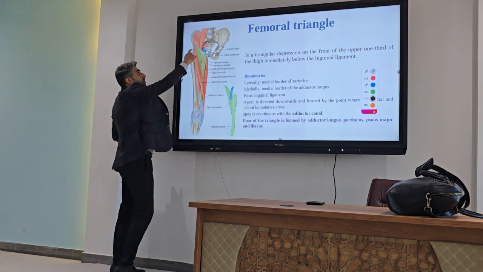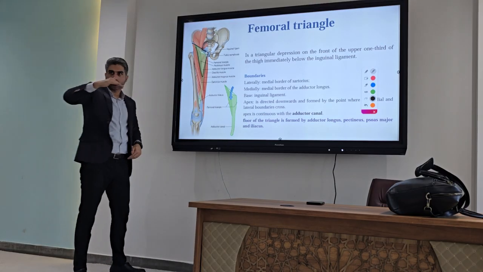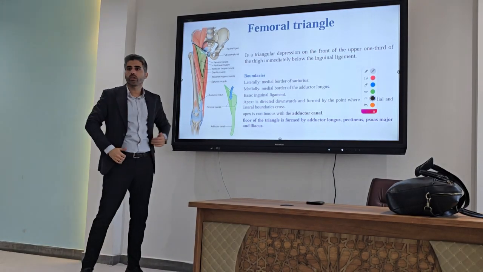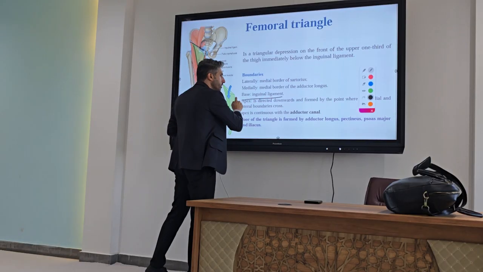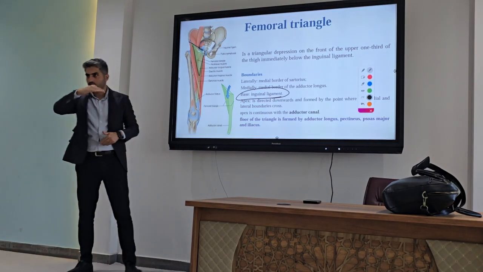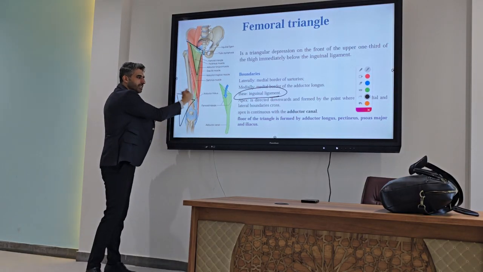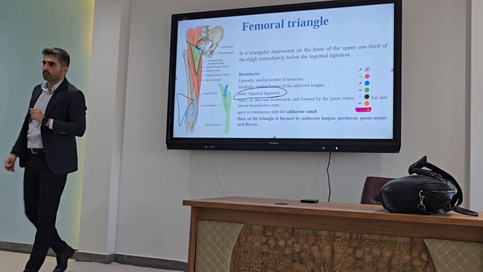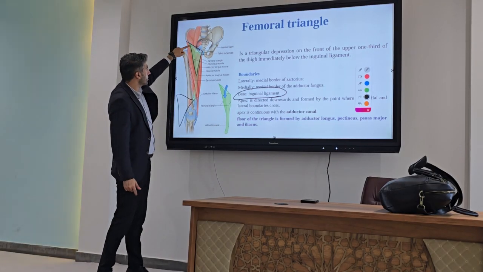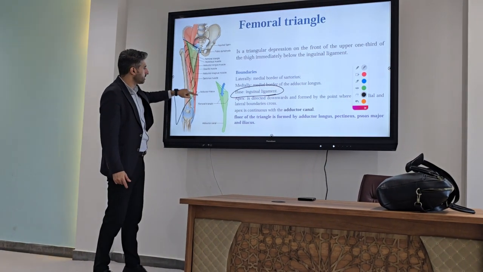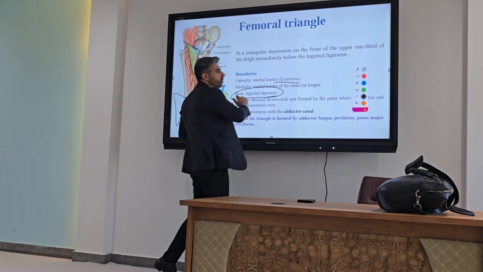This is the base of the triangle. Look at the triangle. The base is the inguinal ligament. The lateral border is this muscle. What is the name of this muscle? Sartorius. The lateral border is the sartorius muscle.